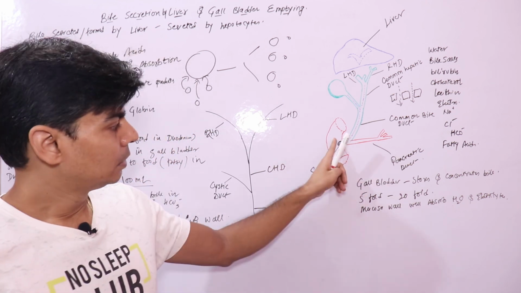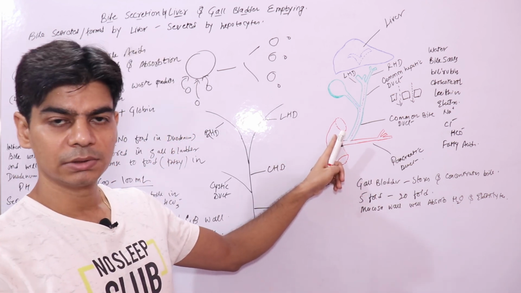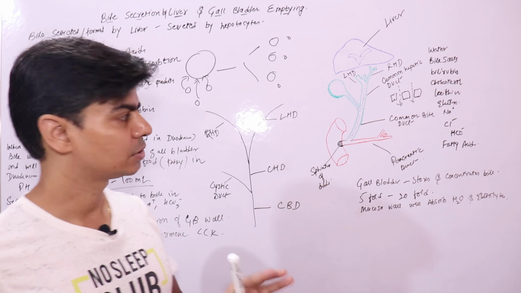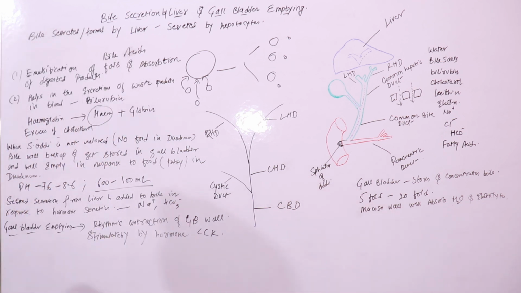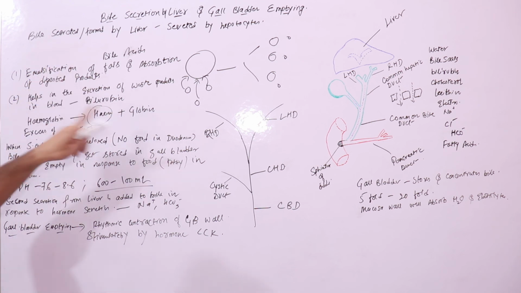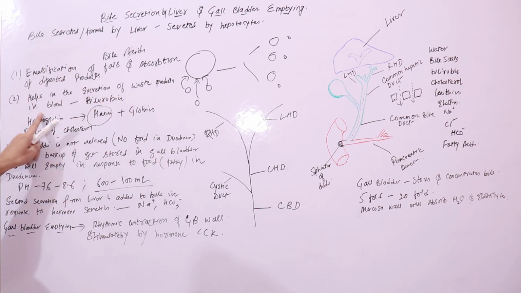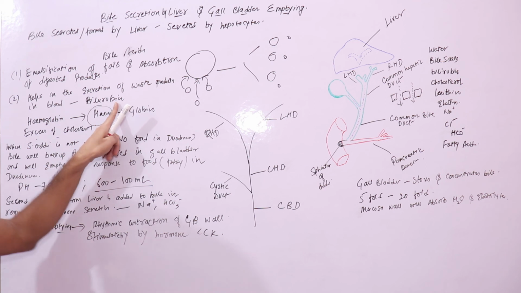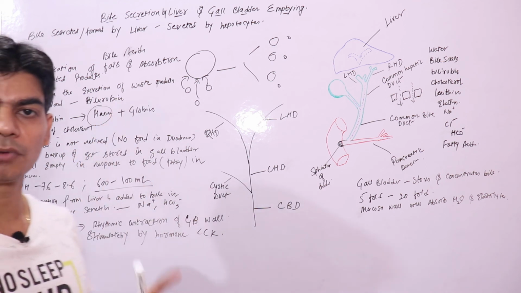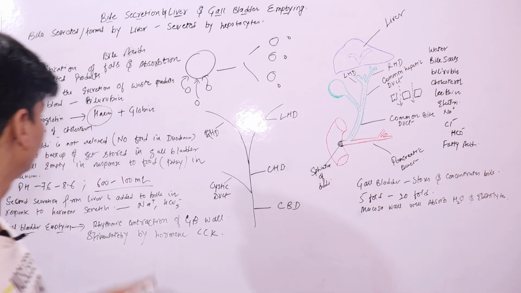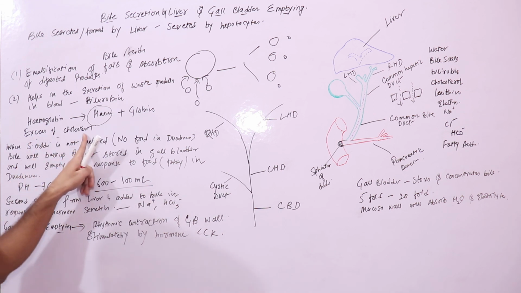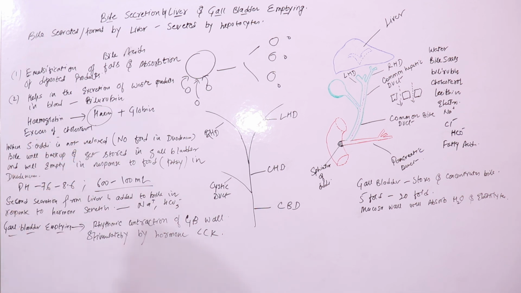That means bile salts, like we discussed, help in the emulsification of fat. Then we discussed that bile acids help in the excretion of waste products like bilirubin, which is the product of destruction of hemoglobin, and excess cholesterol.